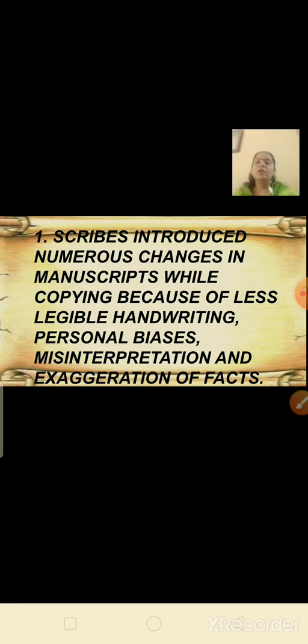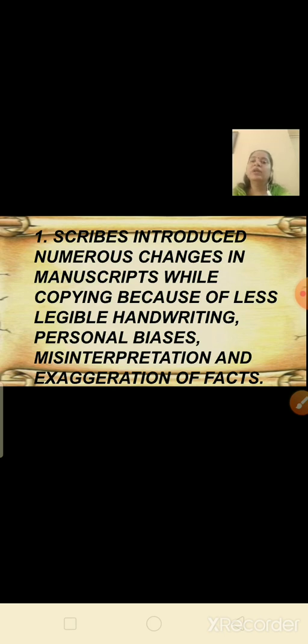Now children, let us refresh this context. I hope you all remember that we had already covered it during the explanation of the chapter. As there was no printing press in those days, we all know that scribes copied manuscripts by hand. But children, if you have ever copied a friend's homework, you would know that this is not a simple exercise.